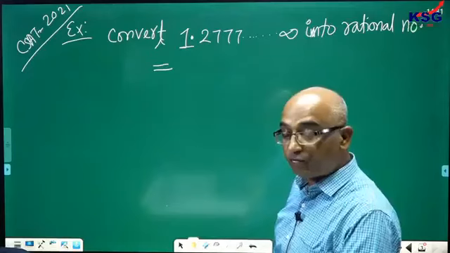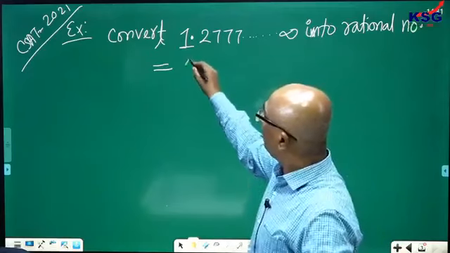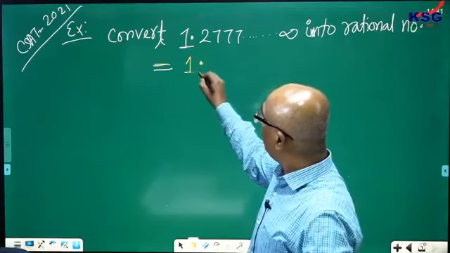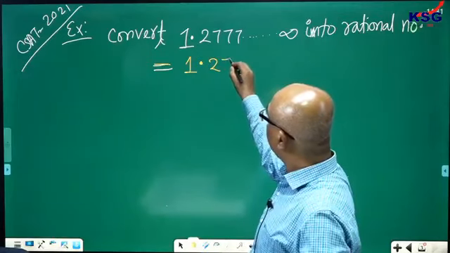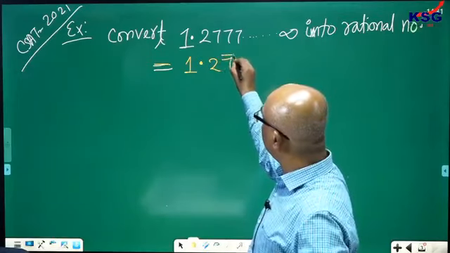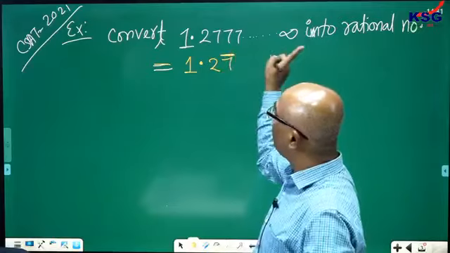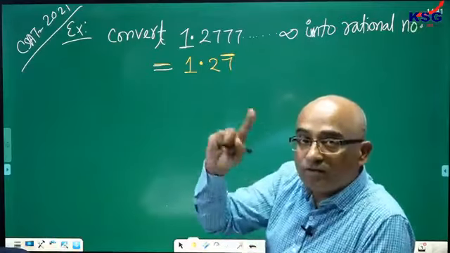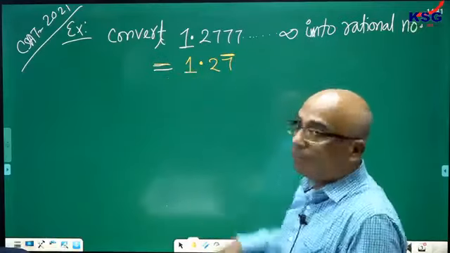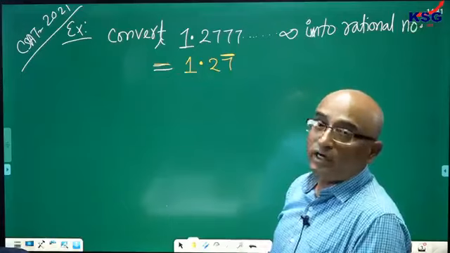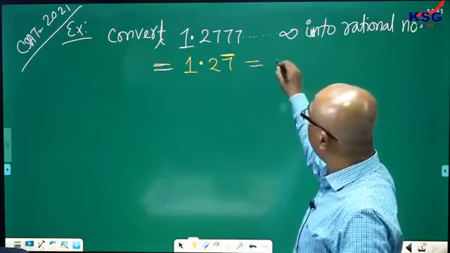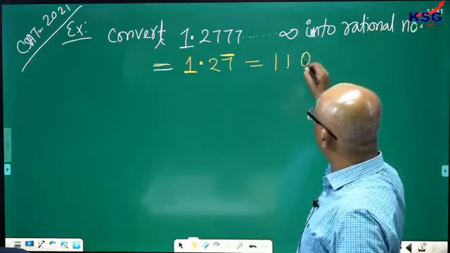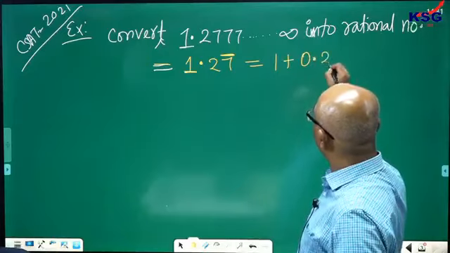Please focus here. So 1.2, 7 7 repeated, so put the bar on 7 only. The digit which is repeated again and again, just put the bar there. So 1.27 bar. Now see, this term can be written as 1 plus 0.27 bar.